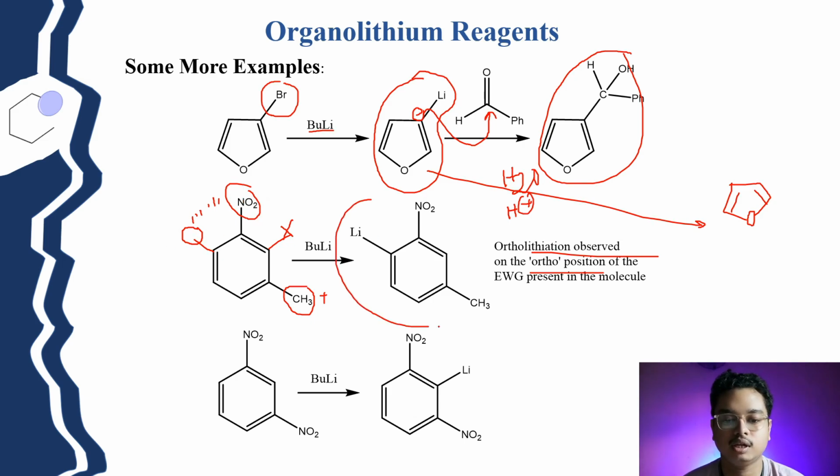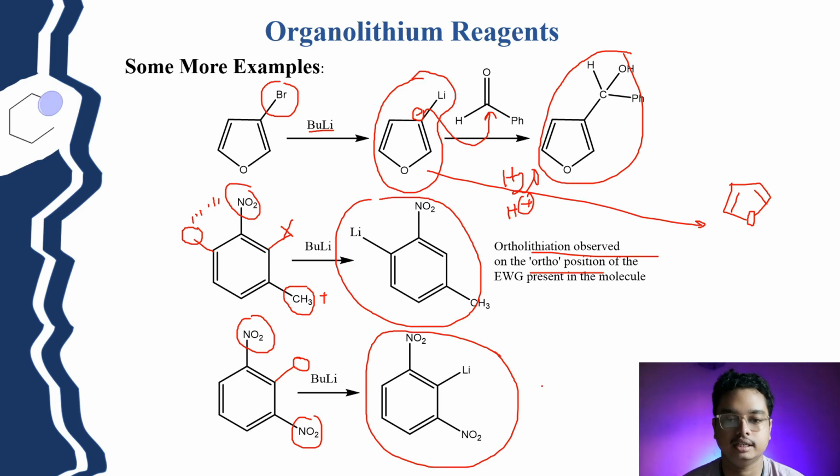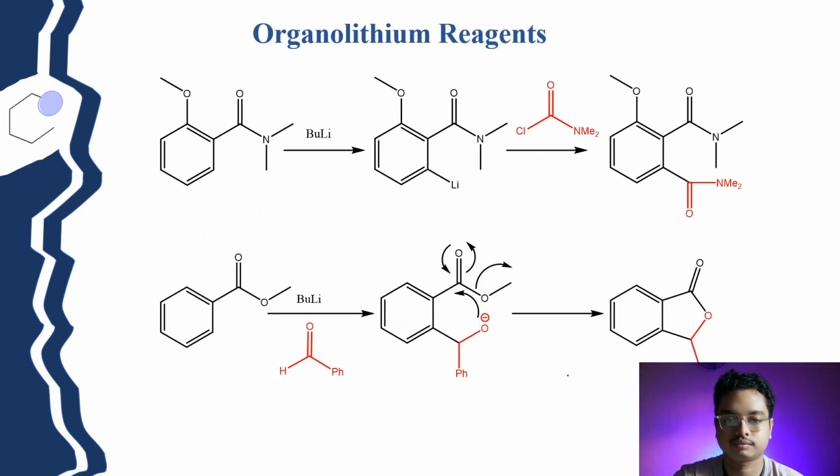That's why this product is the final product. And here, both are electron withdrawing groups, and this position is the ortho of both NO2 groups, and that's why this product is the major one in this reaction.